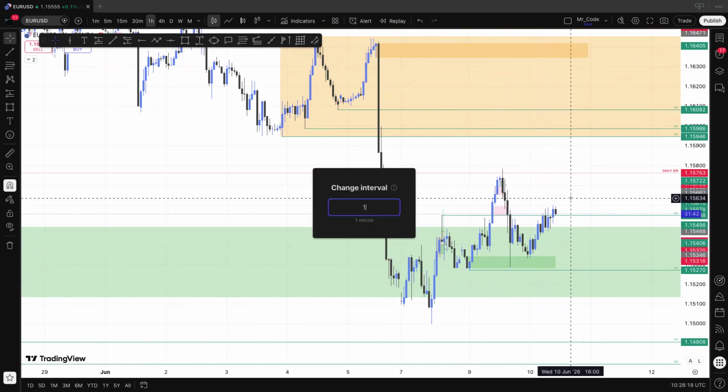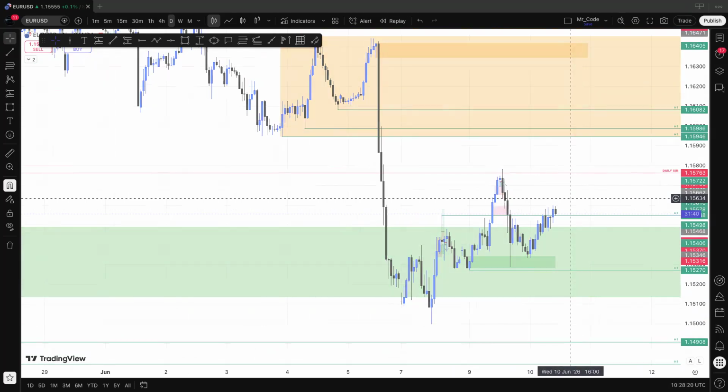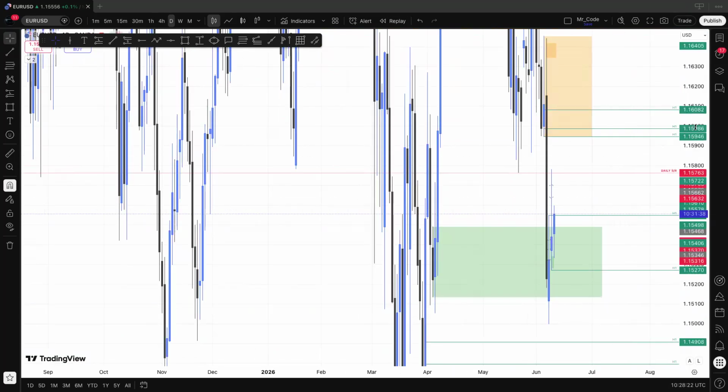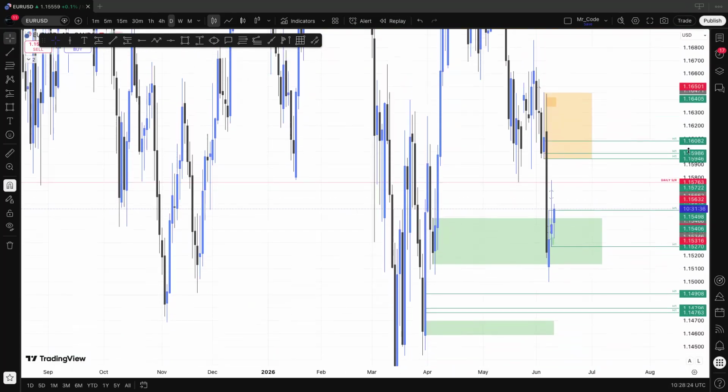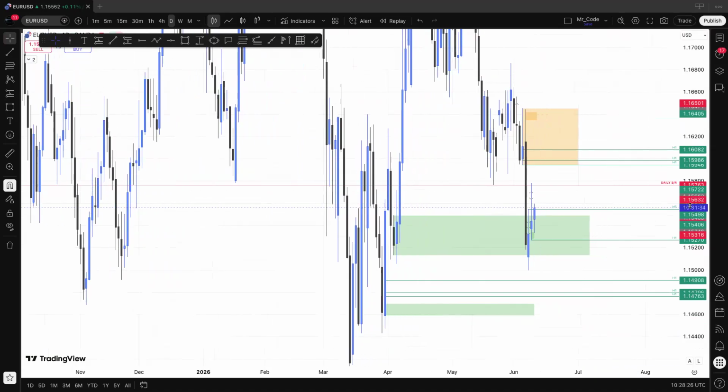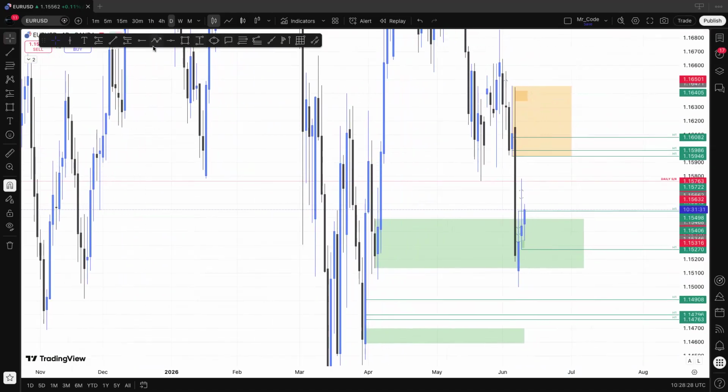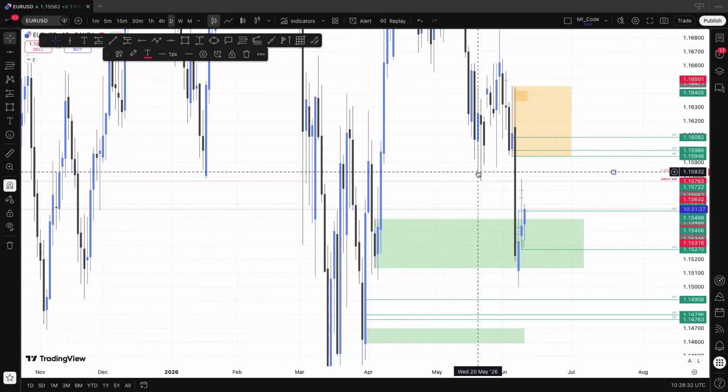So what will be our next target on Euro USD since the first support or resistance has been touched? The next target will be this target right here.